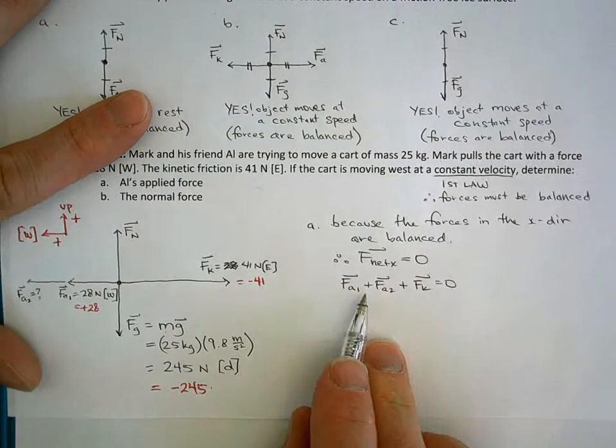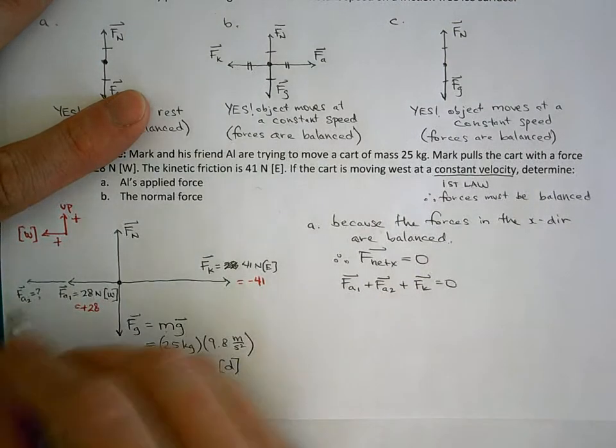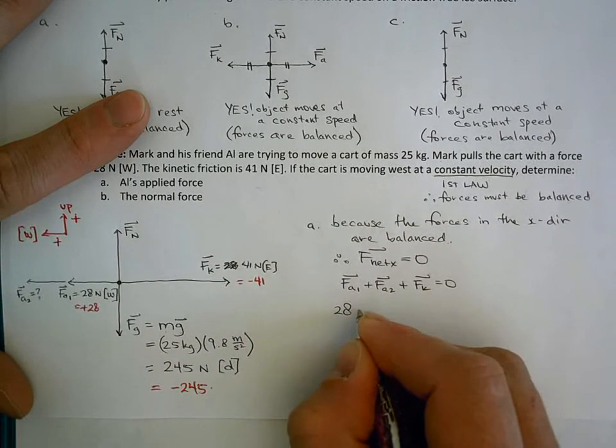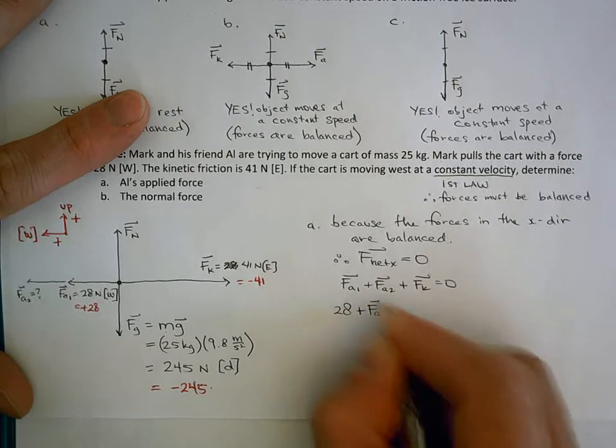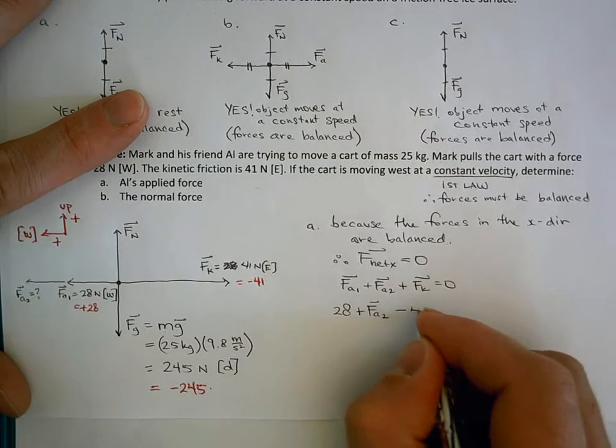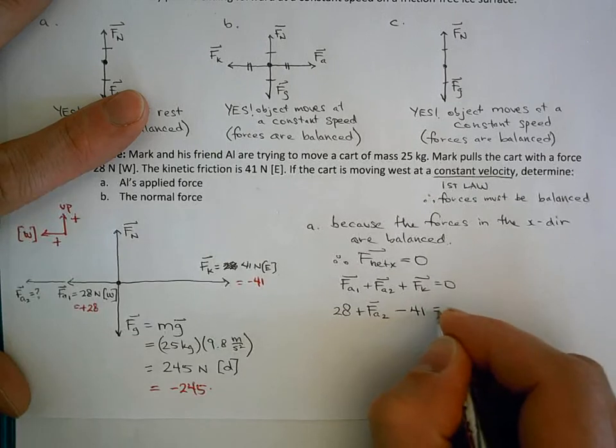Now when I add these three vectors, I have to consider direction. FA1 is positive 28. FA2 is, well, I don't know what it is. That's what I'm trying to find out. And FK is minus 41. That is equal to 0.